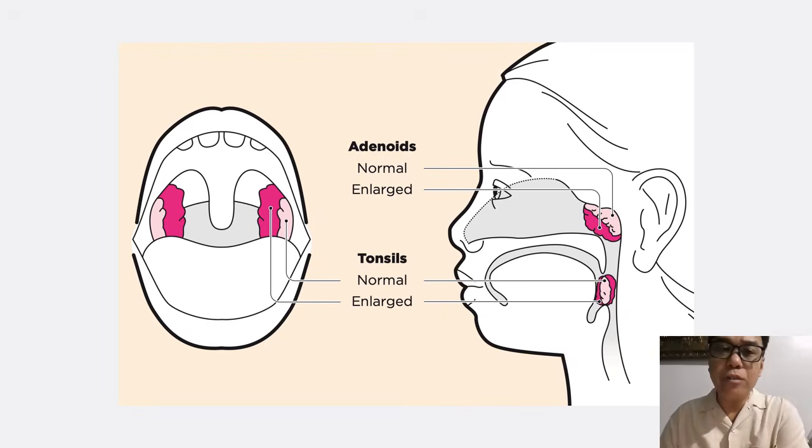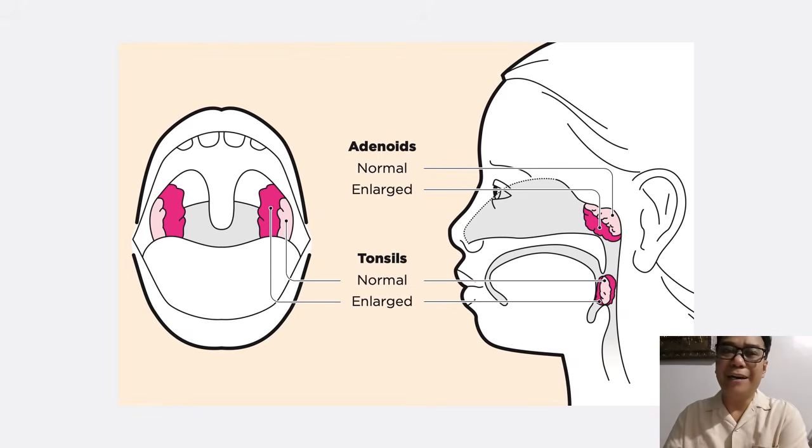So aside from those things, we also need to promote comfort among our patients. So in terms of comfort, we could give analgesic like acetaminophen. Okay. Again, do not give aspirin because aspirin could cause bleeding. Okay. We could also put an ice collar. Okay.